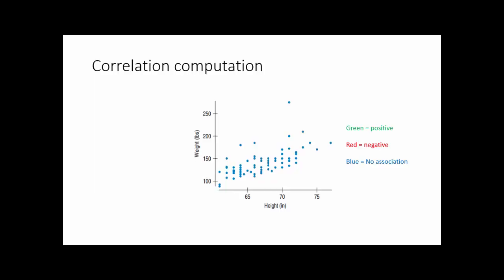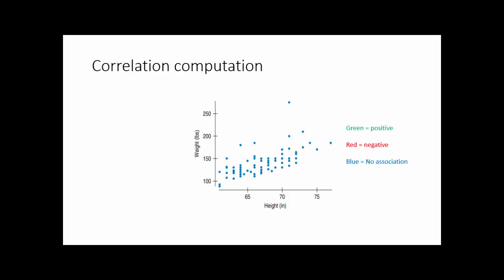How do I compute the correlation? I'm just going to work through the details lightly, because it's not that important, but knowing it a little bit will help explain some things that come up later. So here is a data set of heights and weights of a bunch of individuals.